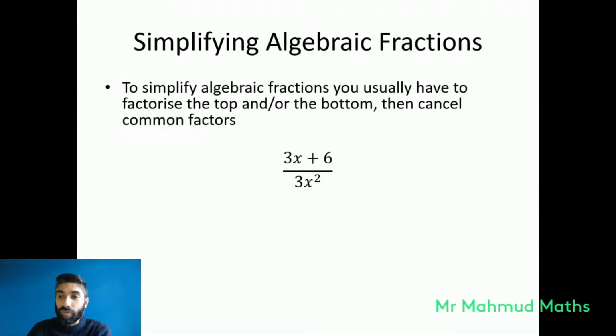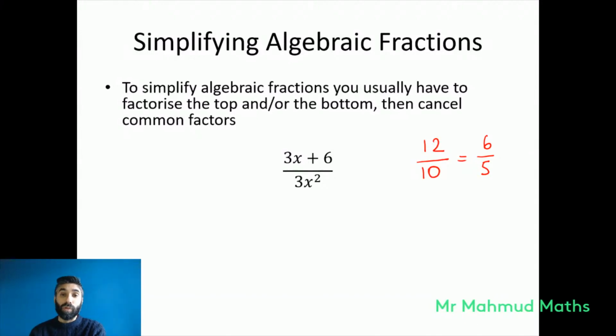If I say, for example, 12 over 10, a fraction, we can divide 12 and 10 by 2 and simplify it. So on the top we'll have 6, and the bottom we'll have 5. And we simplified the fraction. Exactly the same way we can simplify algebraic fractions.